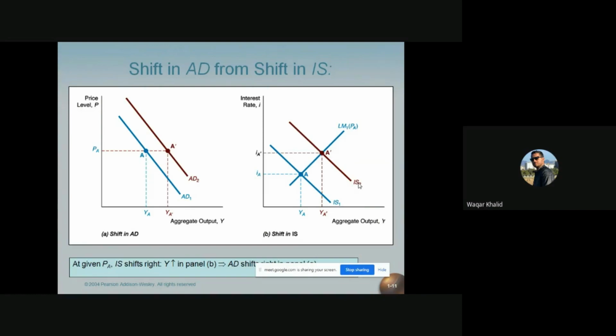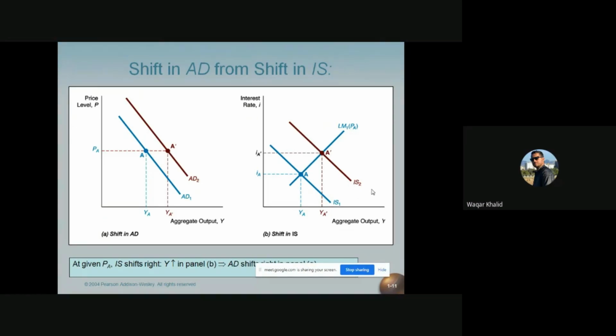Now, suppose the government adopts an expansionary fiscal policy. An expansionary fiscal policy, a rise in net exports, or more optimistic consumers and firms shift the IS curve to the right. The IS curve will shift from IS1 to IS2 because of the expansionary fiscal policy.